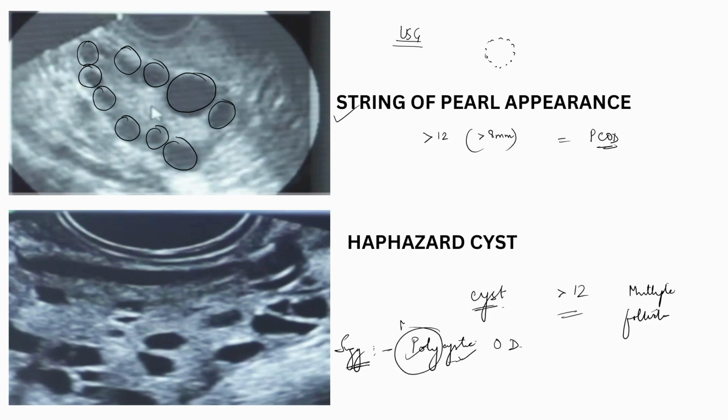Poly means multiple. Now multiple, as you can see, 1, 2, 3, 4, 5, 6, 7, 8, 9, 10. So multiple cystic. Cystic means bag filled with fluid, sac filled with fluid. So these filled with fluid structures in ovary produces number of symptoms, and that's why it's called polycystic ovarian disease.